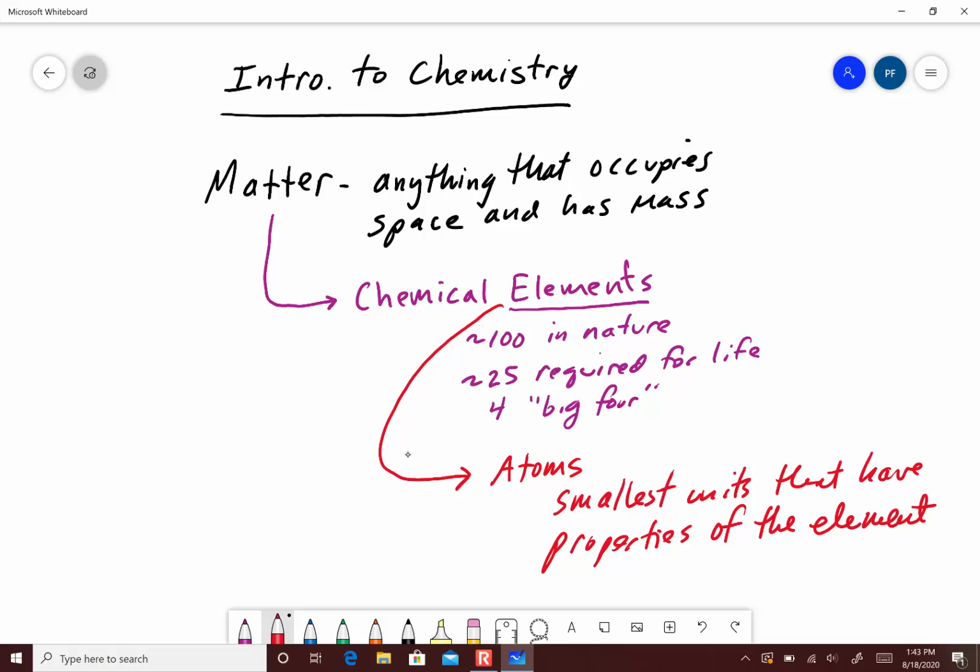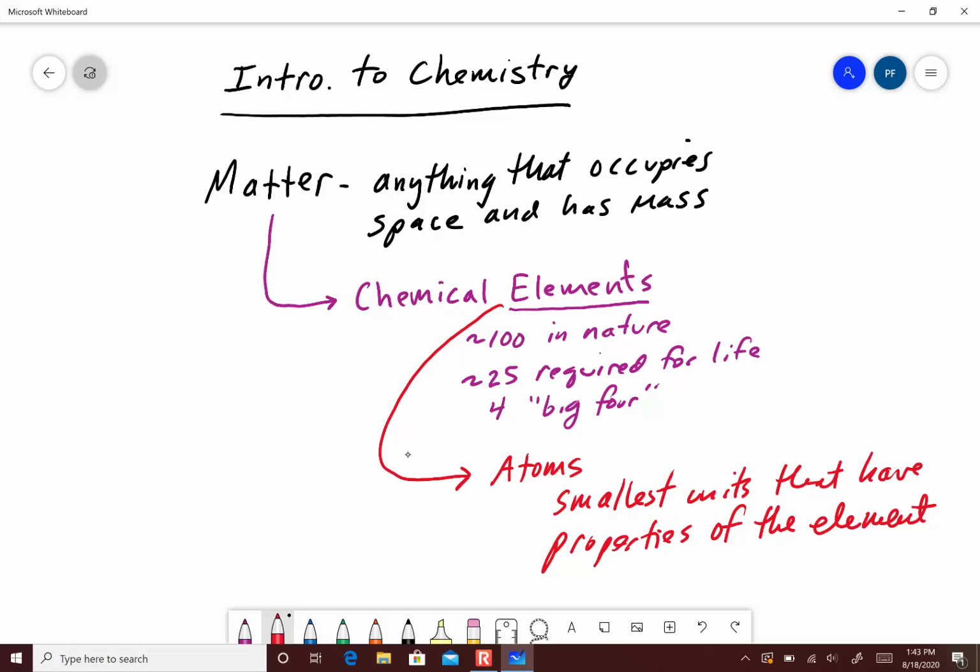We also will have a lecture video on atoms and their structure. So we have 2 or 3 things we're looking at: what are atoms, what are elements, how are they different, all that sort of thing. All right, so that's our intro.